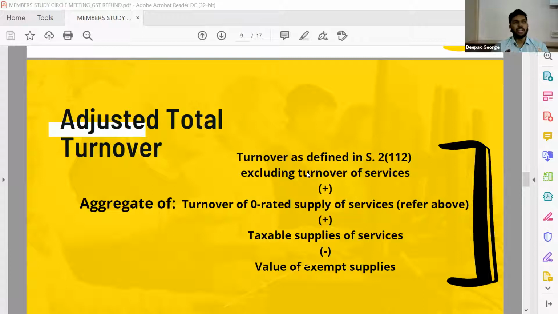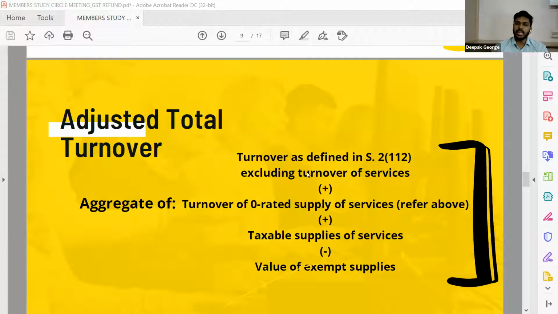It talks about what is the turnover in the state. The definition as per 2(112) is turnover in a state. It basically includes all your taxable supplies. It basically includes all your exempt supplies. When I talk about exempt, it is one, nil rated, two, partially exempt, three, wholly exempt. So it is A, your taxable supplies, plus B, your exempt supplies, plus your export services, right?